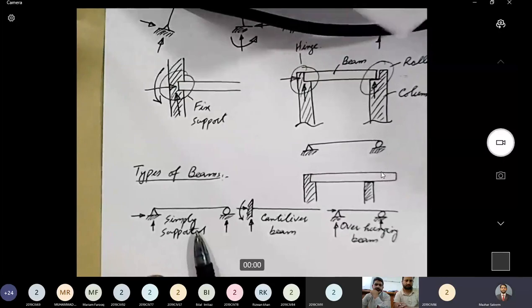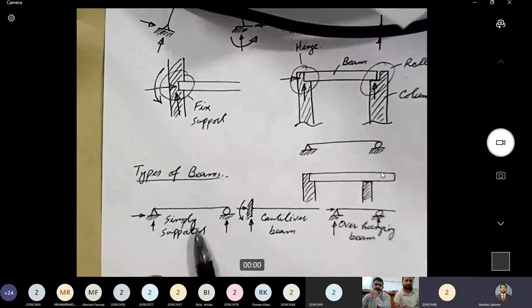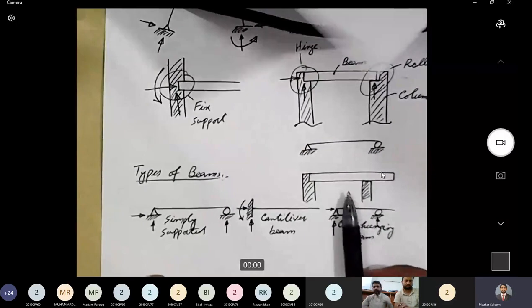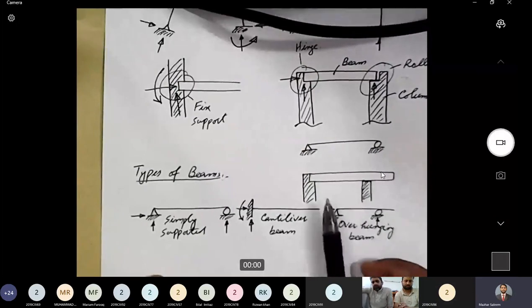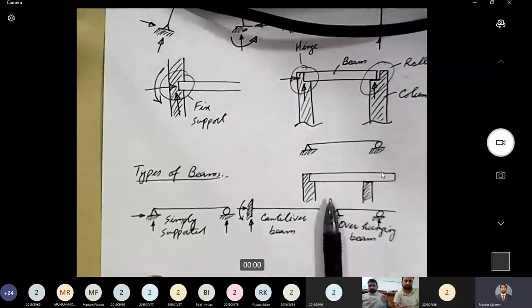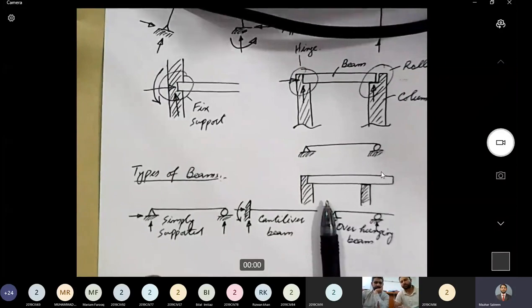Actually, practically, we need this type of arrangement in some cases. For example, in your houses, if you look at balconies, or at the shades projected beyond the exterior face of your house, have you ever noticed that the shade you project beyond the external wall of your house is basically an overhanging part?